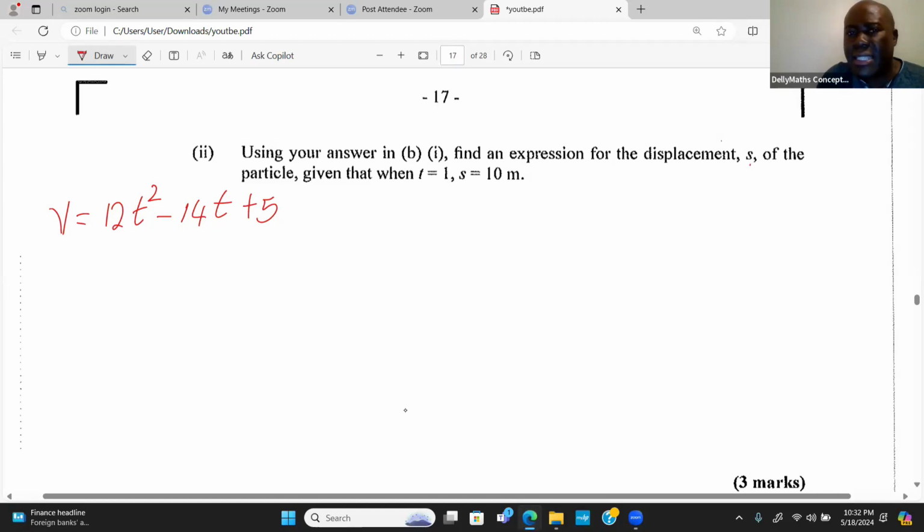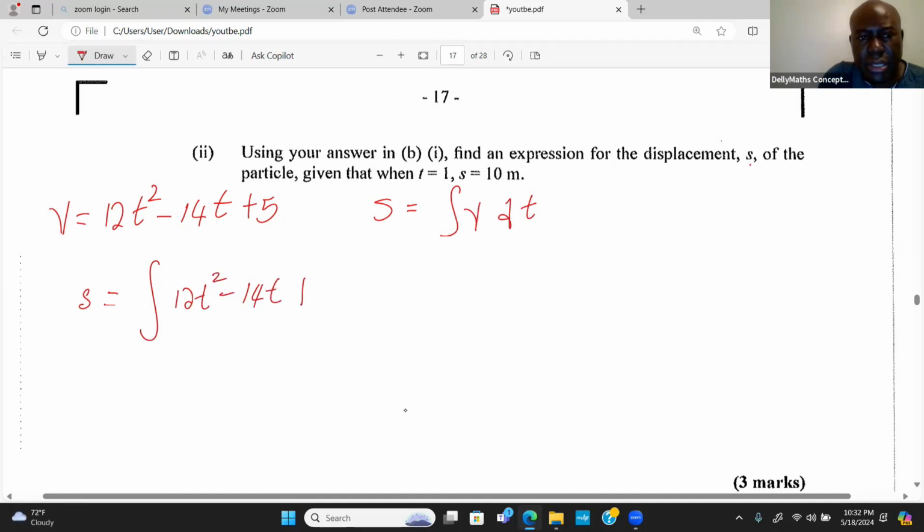S is the distance, the displacement in a specified direction. The displacement is actually the integral of our velocity. In other words, s is going to equal the integral of v dt. So s is going to equal the integral of v, but v is 12t squared minus 14t plus 5 dt.